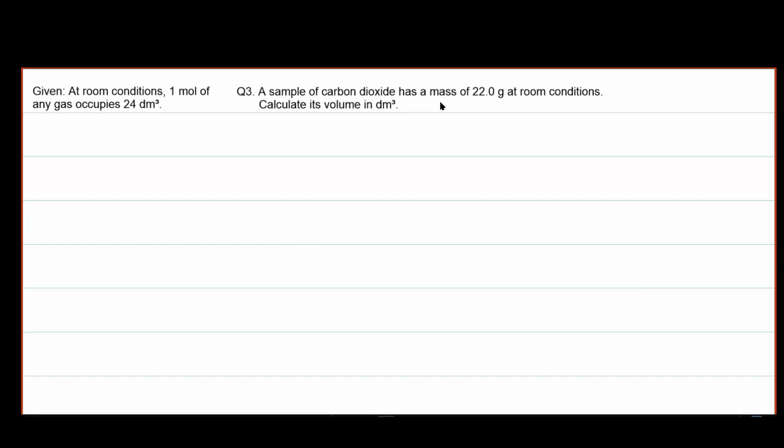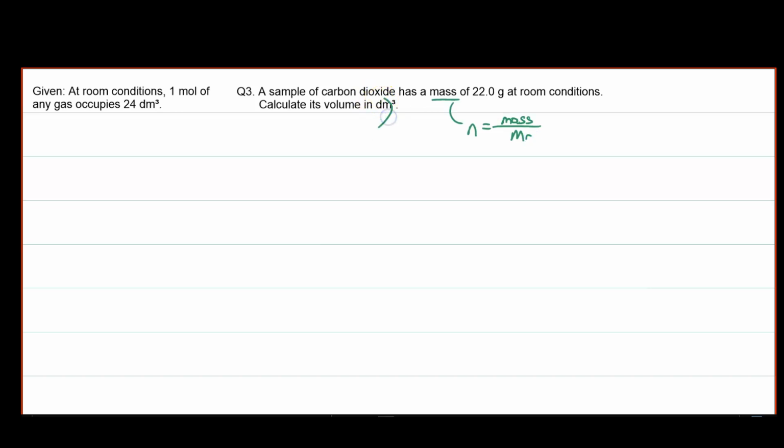Question 3. A sample of carbon dioxide has a mass of 22.0 gram at room conditions. Calculate its volume in dm cube. I see the word mass, I will think of number of moles is equal to mass over molar mass.